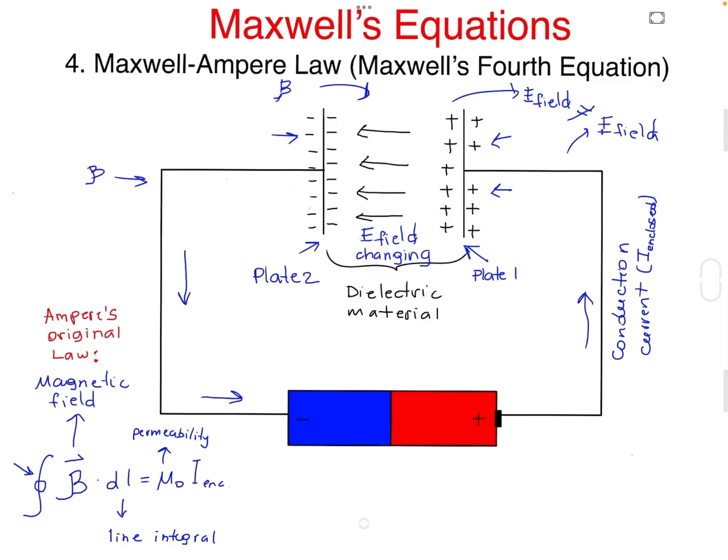Now we do have a current here, but it's not a conduction current. We'll call it displacement current, and it is proportional to the rate of change of electric flux to account for this. So now we have a different magnetic field, as I just mentioned. Now we have a different electric field which is changing, which means here we have a different current.